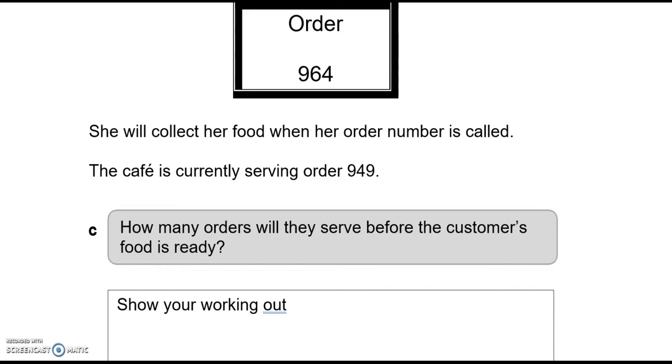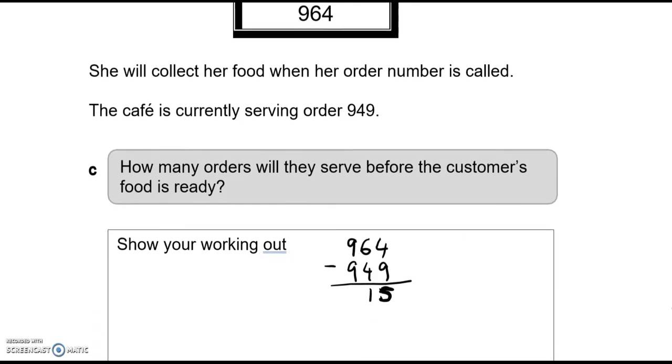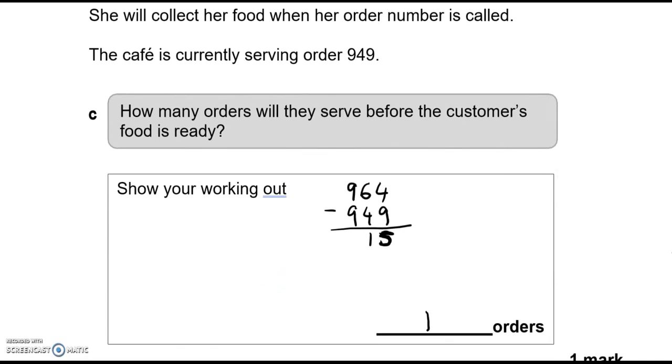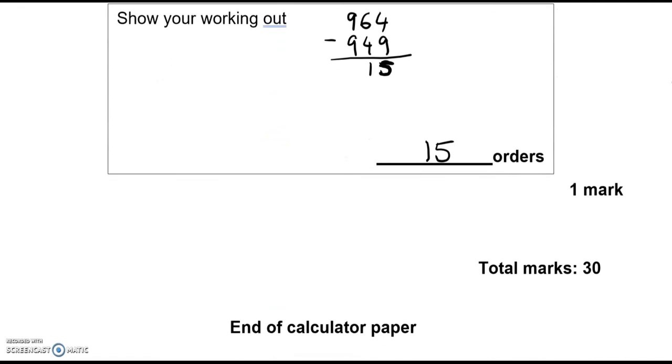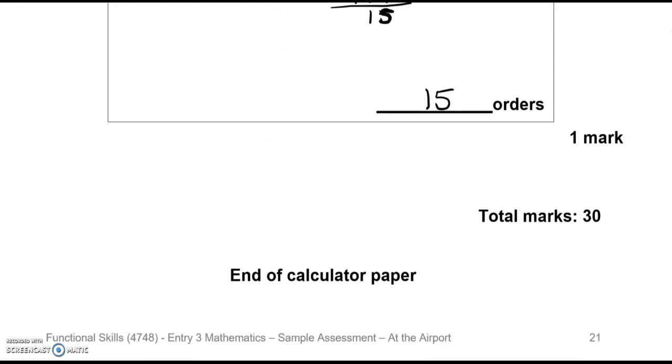So you're working out 964, take away 949, and that is 15. So 15 orders. And this is the end of the paper.